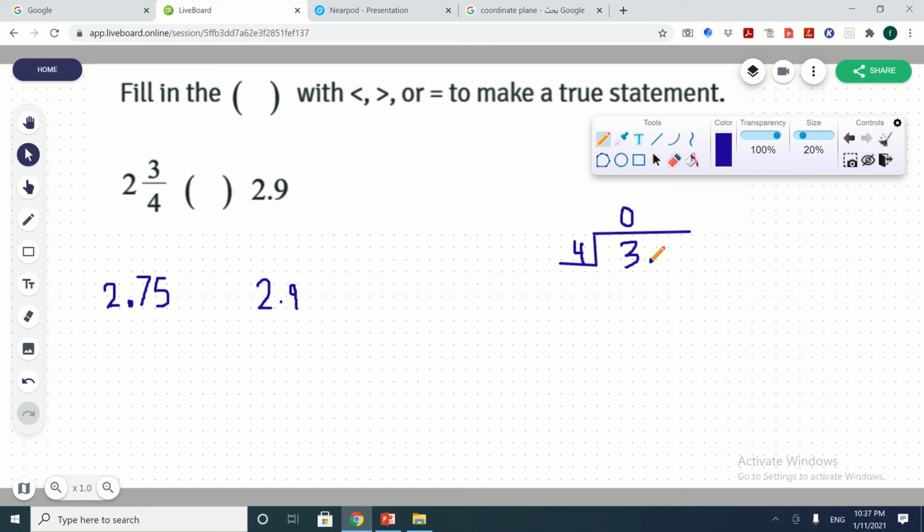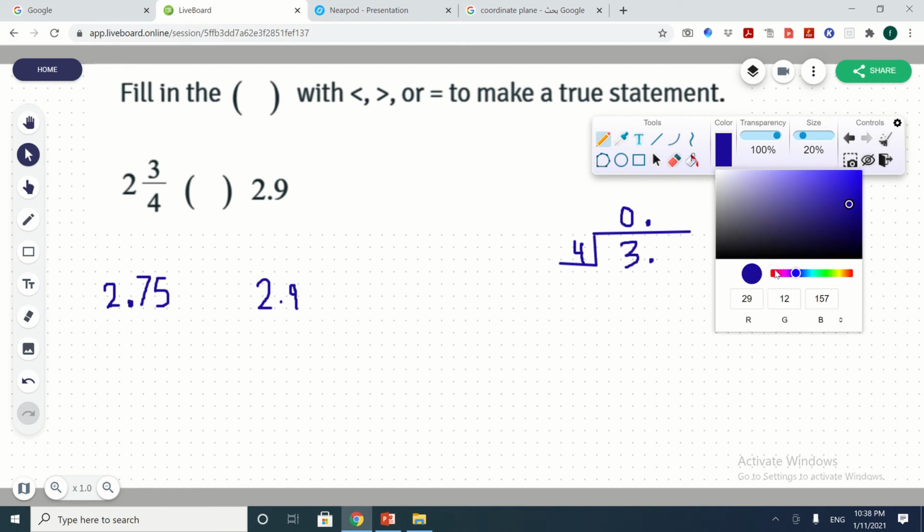Put a point, take it up, add 0. I will change the color to be clear for you.